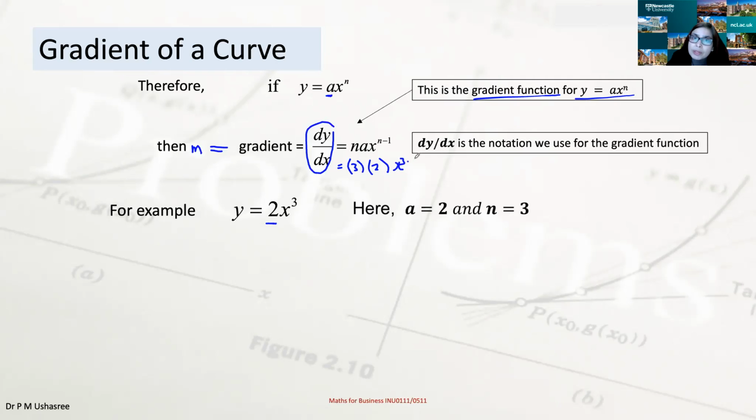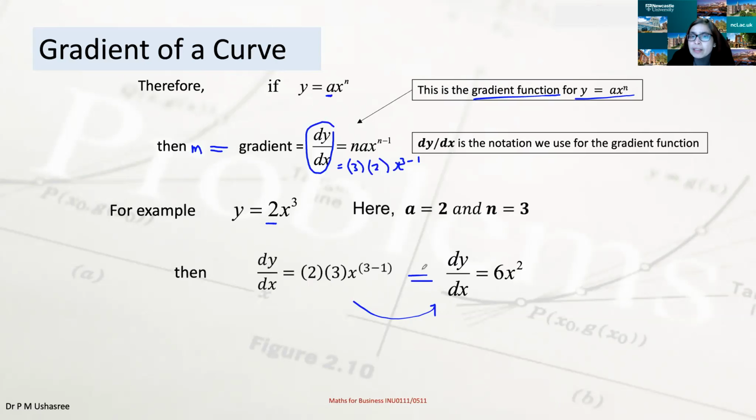You just have to substitute that in the formula. That's how you do the differentiation process. This is called the process of differentiation. So dy by dx is nothing but n times a times x to the power of n minus 1. So 2 times 3 times x to the power of 3 minus 1. When you simplify it, this gives you dy by dx is equal to 6x squared.